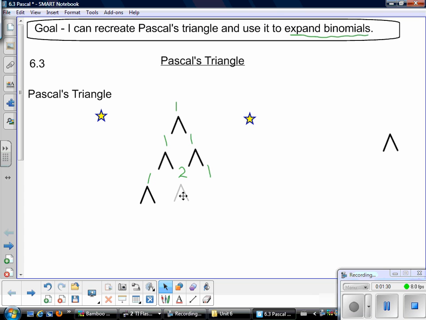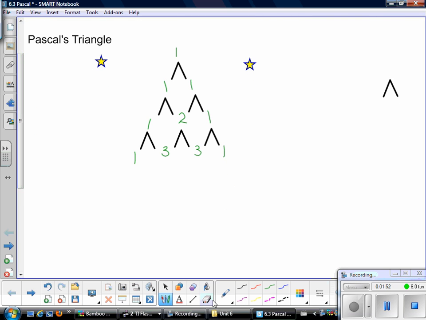Now, obviously, the next one's going to have more terms to it. Again, I end up with 1. And to get the next term, I add the previous two terms together. So 1 plus 2 is 3. 2 plus 1 is 3. And I finish with 1. So you're starting hopefully to see the pattern that's going on here.